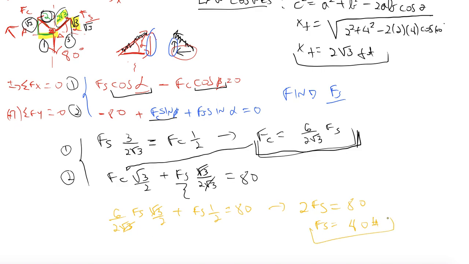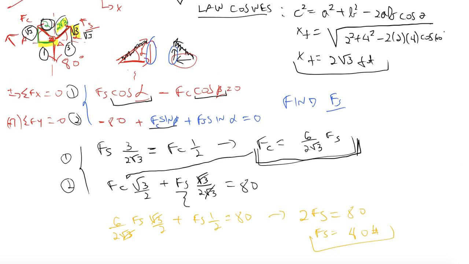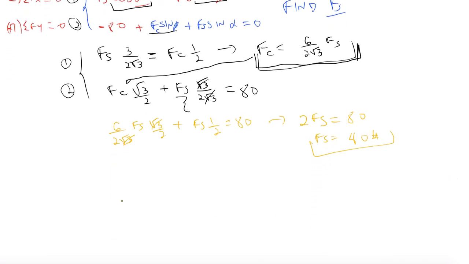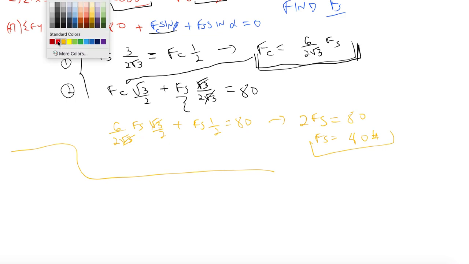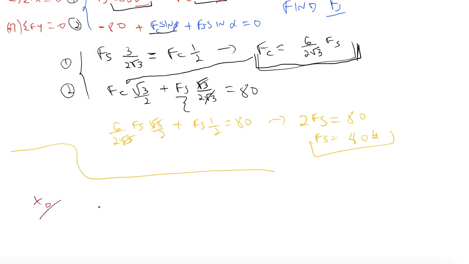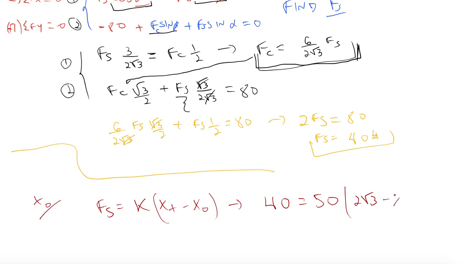Awesome. Took us a little bit, but we got there. And then finally, remember our goal, it's been such a long time, it's crazy. Our goal was to find what the initial size of that spring was. So x naught, we were looking for x naught. F spring is equal to K times (xf minus x naught). This is in parentheses. So we have that 40 is equal to, I think this was 50, times xf, which was 2 square root of 3, minus x naught.